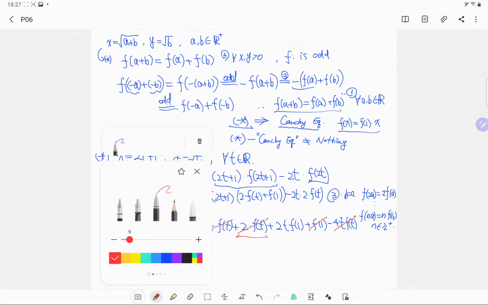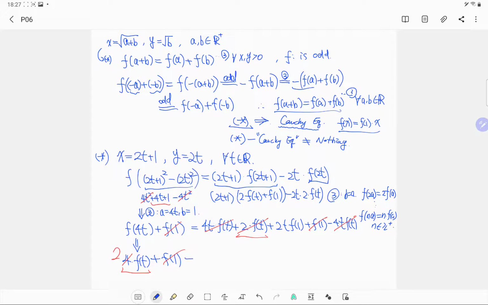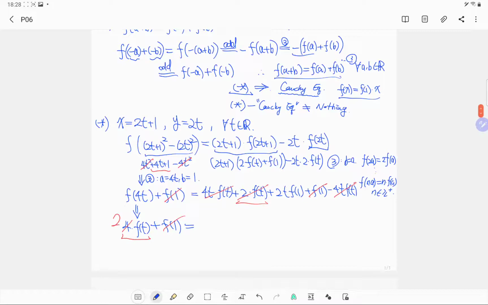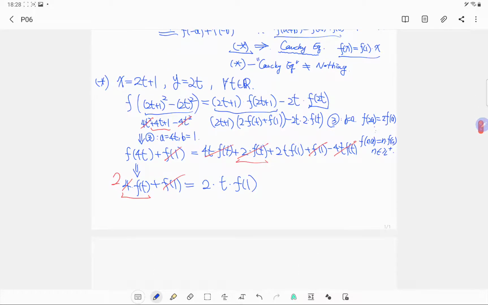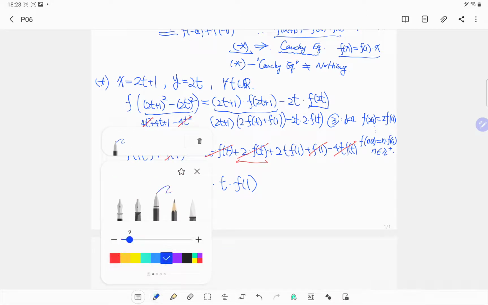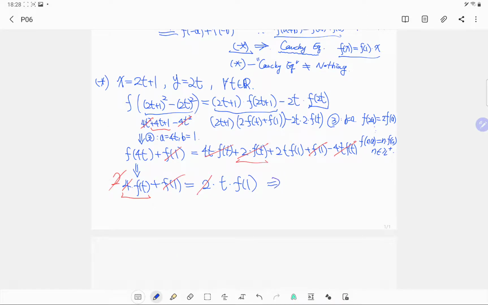So finally, on the right hand side, we will have 2 times t times f of 1 and nothing remaining. So finally, we can further cancel this 2 and this 2. And finally, we will have f of t equals t times f of 1 for all t real numbers.